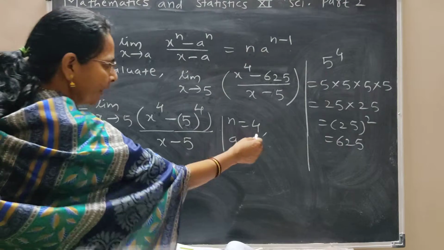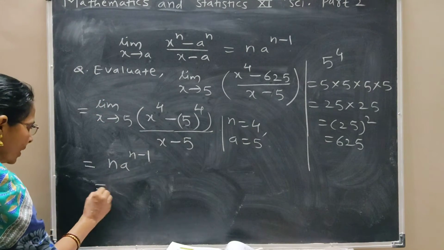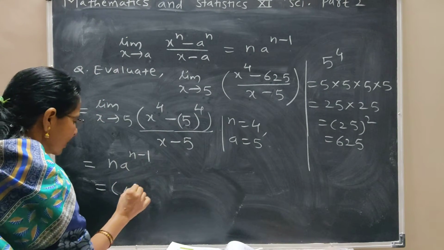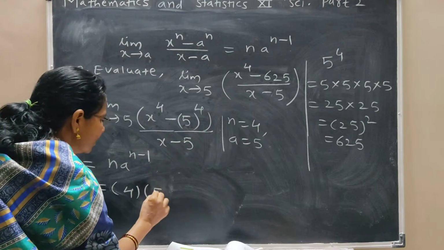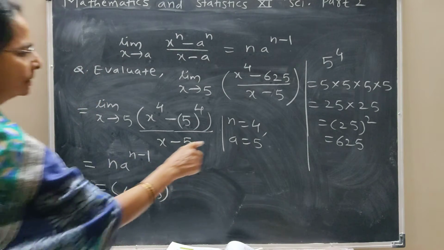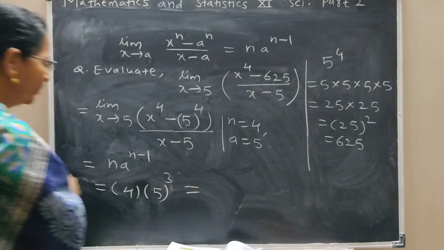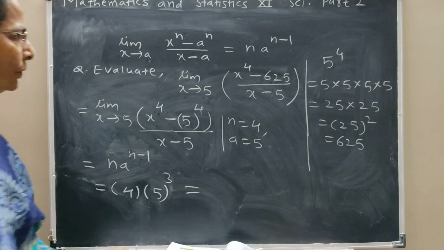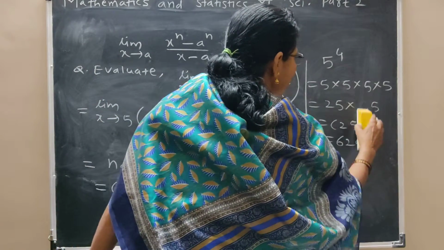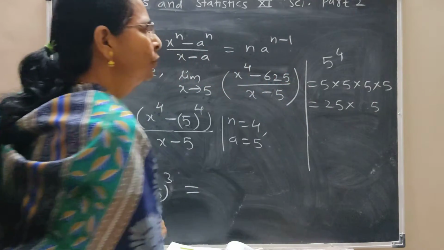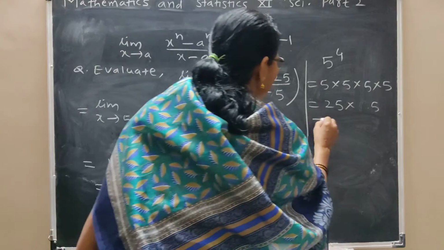We have values of n and a. So put here n is 4, a is 5, n minus 1, 4 minus 1 is 3. We calculate this value. 5 raised to 3 is 25 into 5, which is 125.